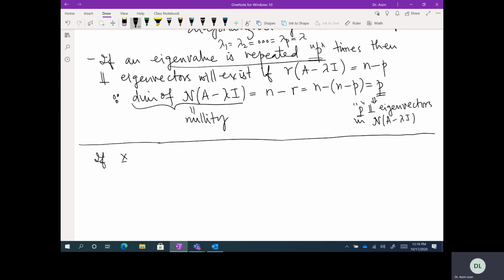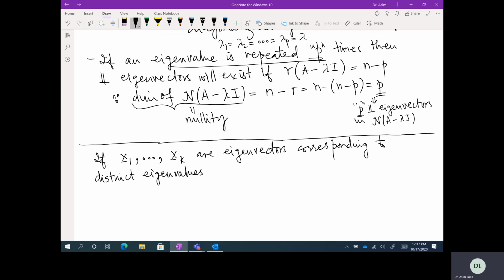So how do you prove it? If x1 to xk are eigenvectors corresponding to distinct eigenvalues lambda 1 to lambda k, then x1 to xk are independent.